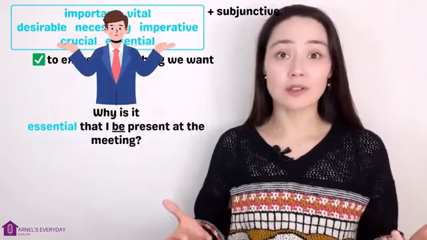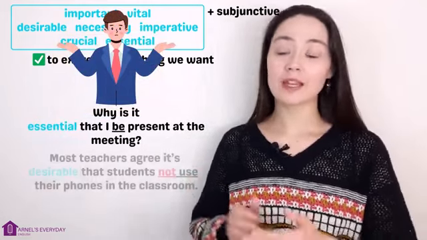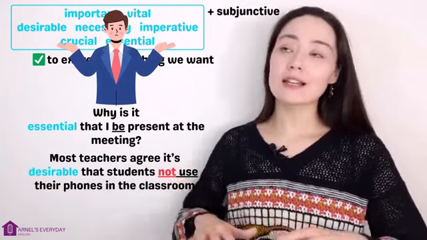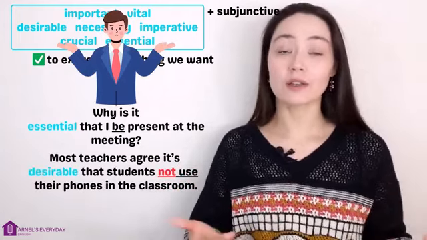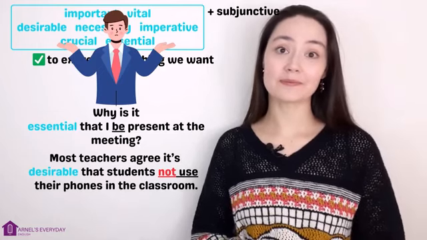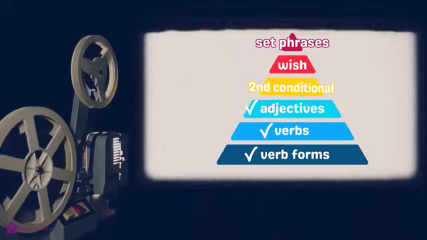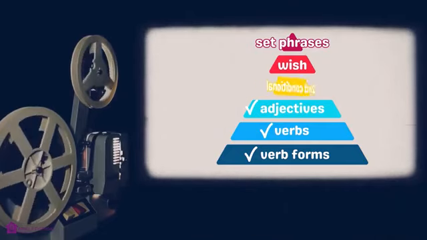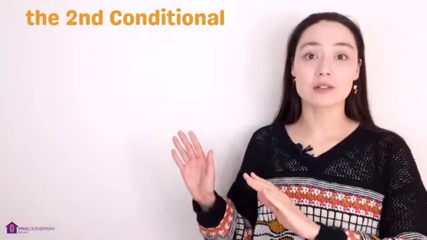Why is it essential that I be present at the meeting? Most teachers agree it's desirable that students not use their phones in the classroom. Part 3, done. Let's move on to part 4 of this pyramid, the second conditional. The second conditional.